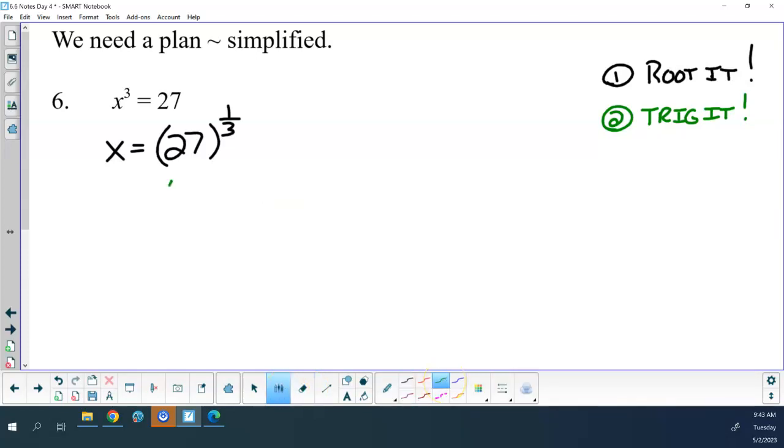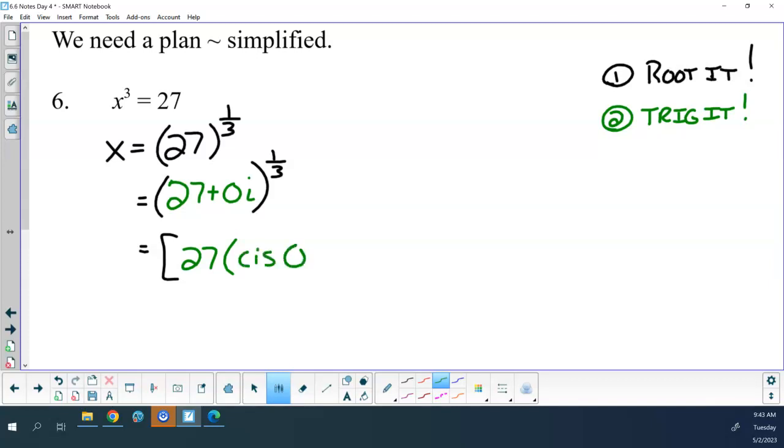This would be 27 plus 0i. So it would be what? 0 degrees.